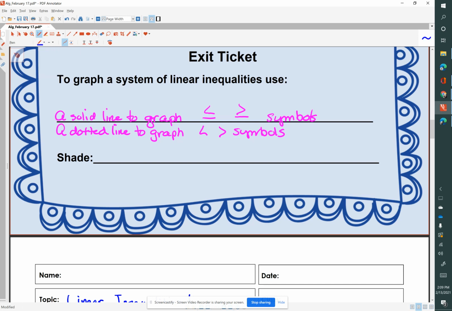Now, with regard to the shading, shade above the line for greater than or greater than or equal to symbols, and shade below the line for less than or equal to symbols.